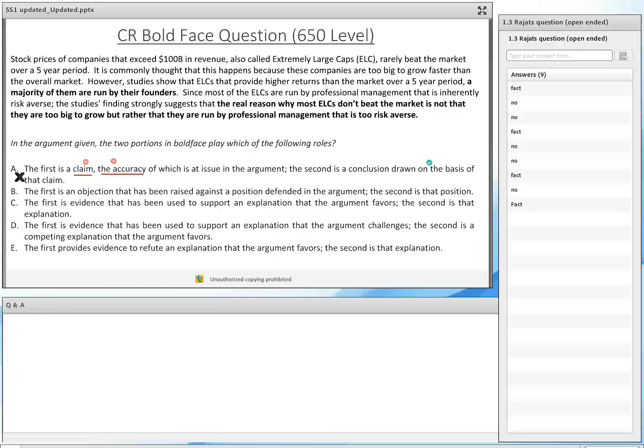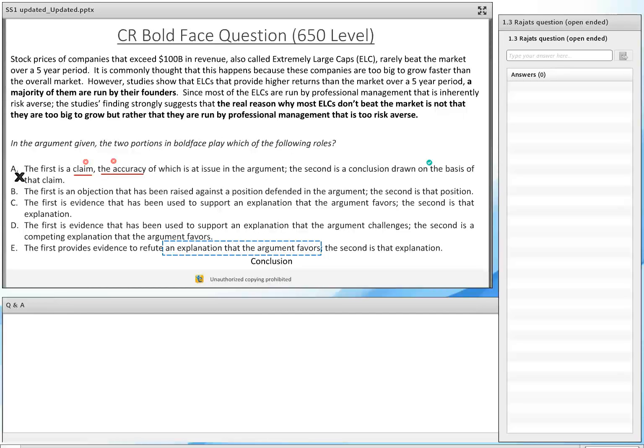Now let's go to choice E for elephant. Choice E says the first provides evidence to refute something. What? An explanation that the argument favors. Another term for the explanation that the argument favors is a claim or a conclusion. Now in this argument, there's just one conclusion, which is the main conclusion of the argument, which the author derives. What it's really saying is the first statement refutes the main conclusion, if you were to simplify this.